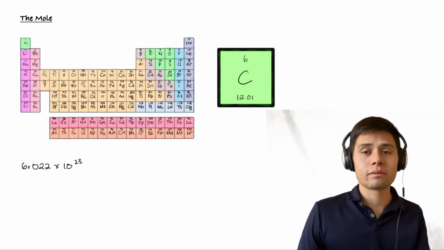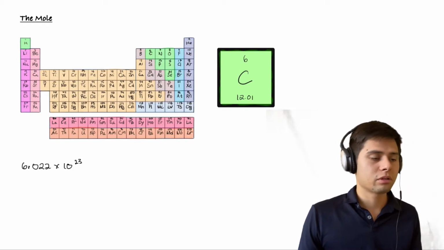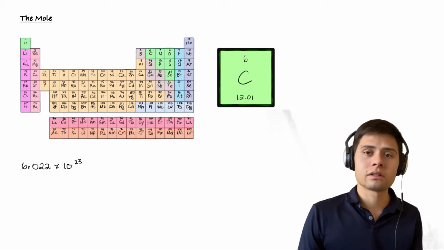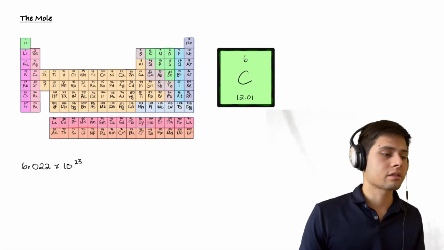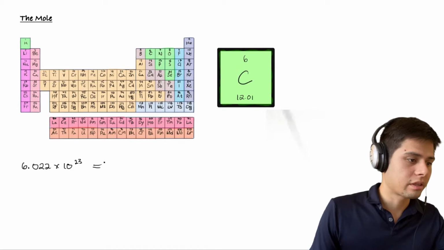So this is a really, really big number, and again, you might think this is an arbitrary number pulled out of my hat, but it really isn't, and it can be derived from physics. And this number is called Avogadro's number.